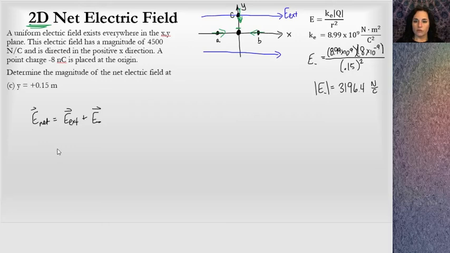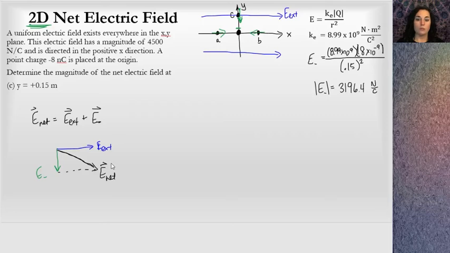We'll draw 4500 at this angle. Here's the 4500, the E external. We also have the electric field due to the negative charge at the origin pointing downward, the 3196.4, which I'll call E negative. When I add those together, we do vector addition and get this vector here, which I'm going to call E net.